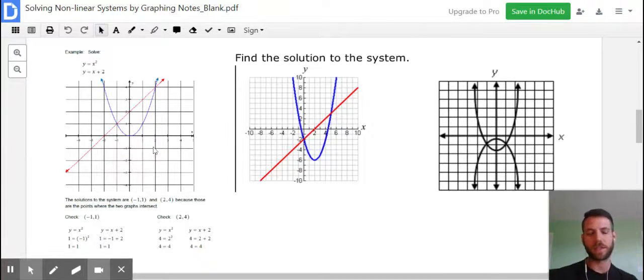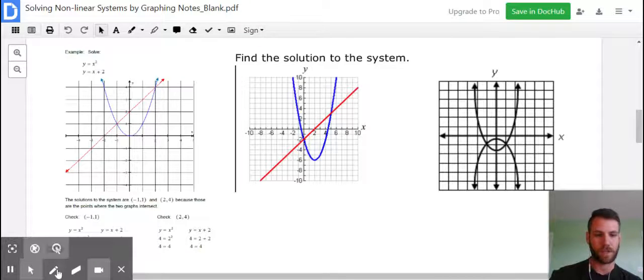In earlier years of math class, you might remember solving systems of equations with just lines where they cross at only one place. But now, as you can see in this first example on the left, we have a parabola in blue and a linear function in red, that line right there. We're looking for the two places it crosses.